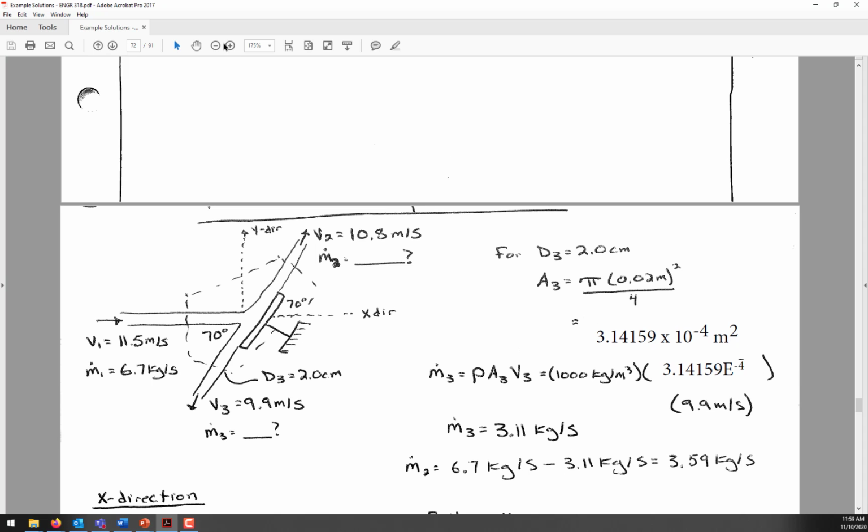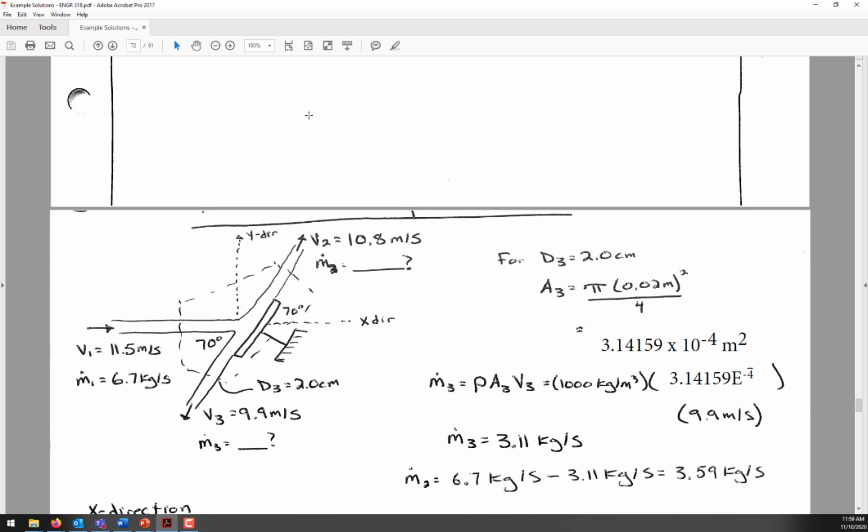Okay, so there's a lot going on with this one. From the given diameter of the jet at 3, you can get the cross-sectional area, and then from the cross-sectional area, the velocity that's given, and knowing the density of water, you can get the mass flow rate at 3.